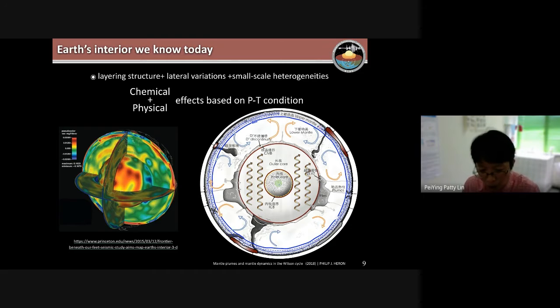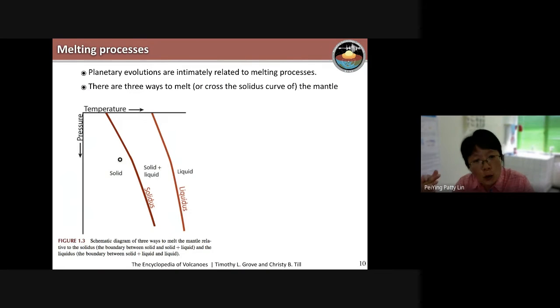The pressure and temperature conditions are very important in the Earth because they can also explain the melting process. All planetary evolution is closely related to the melting process, which happens a lot in several planetary interiors.